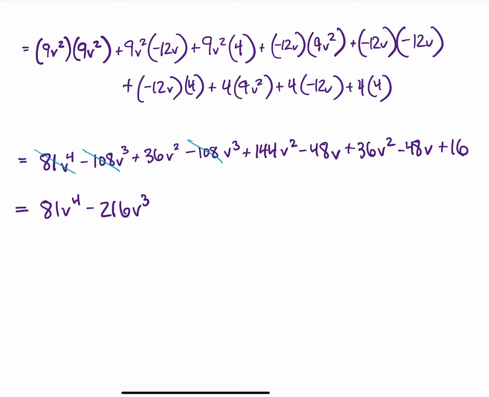Now what v squared terms do we have? We have this 36v squared, 144v squared, and then another 36v squared. So 36 plus 144 plus another 36 should give you 216. So this is positive plus 216 v squared.